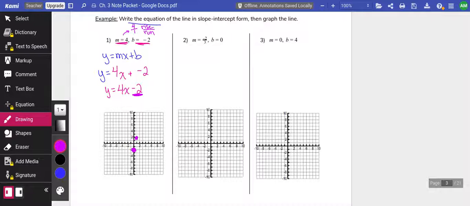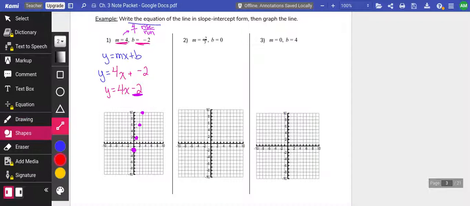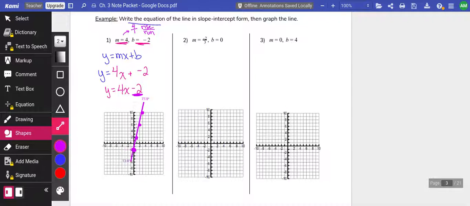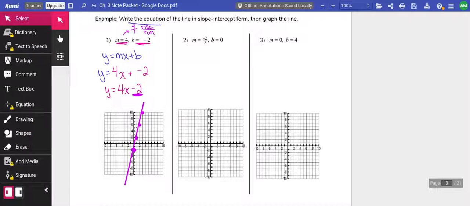Then I'm going to continue that pattern. Up 1, 2, 3, 4, over 1 to the right, and up 1, 2, 3, 4 to the right 1. Now I can plot that line. And when I plot my line, I'm going to need to fix it a little bit so it goes through my points.